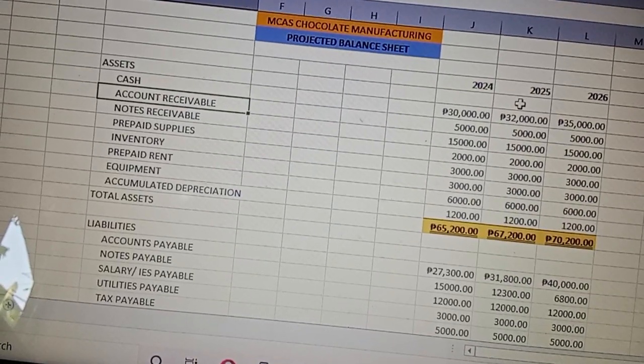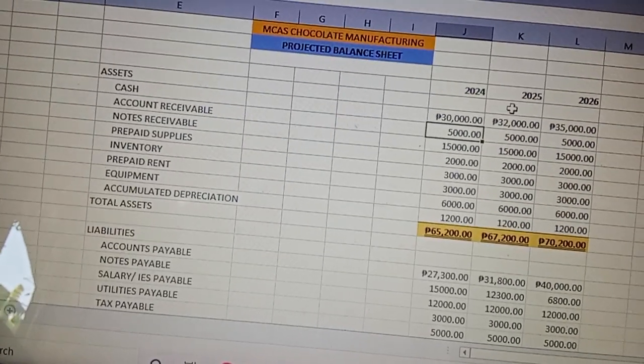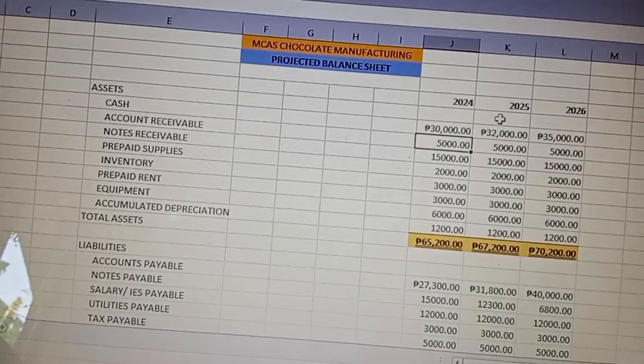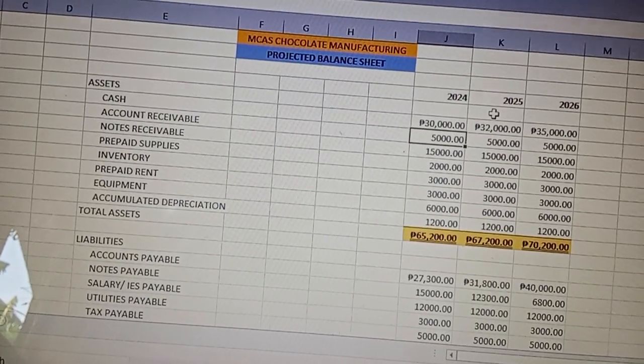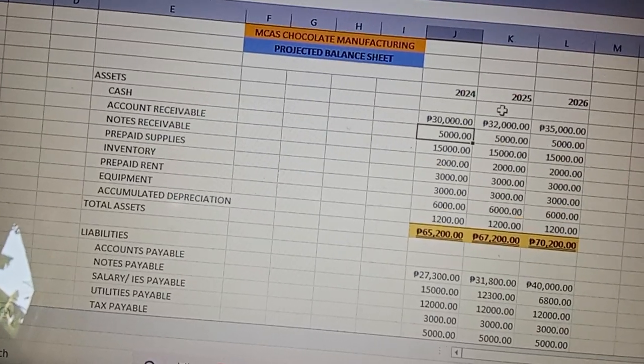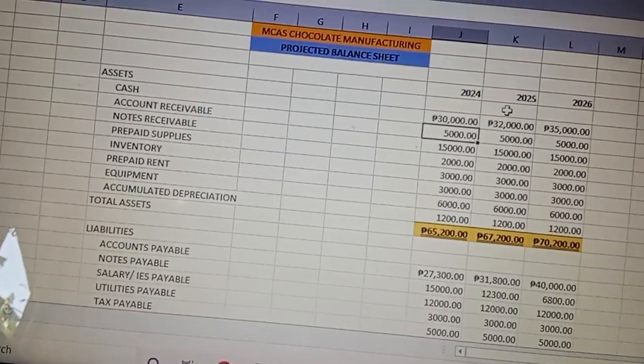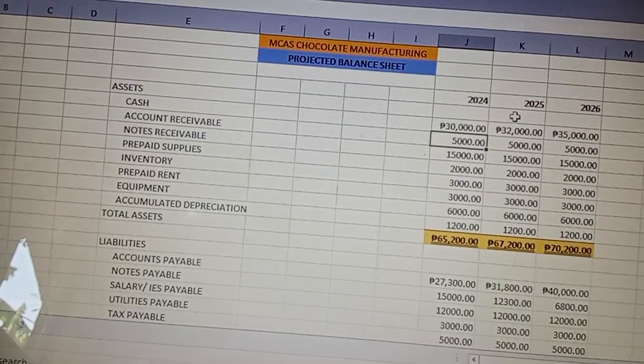And then of course accounts receivable. In the first year, you can have at least 5,000 for collectible amounts from the customers. So meaning you allow the customer to borrow, but the total of all the customers in your business can be up to 5,000.